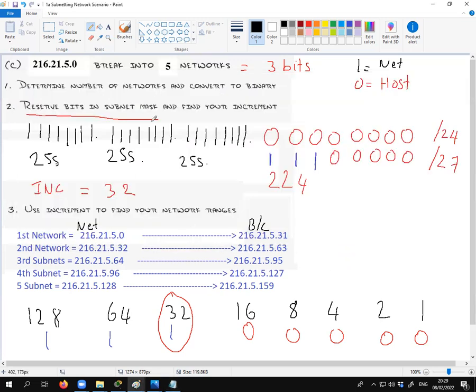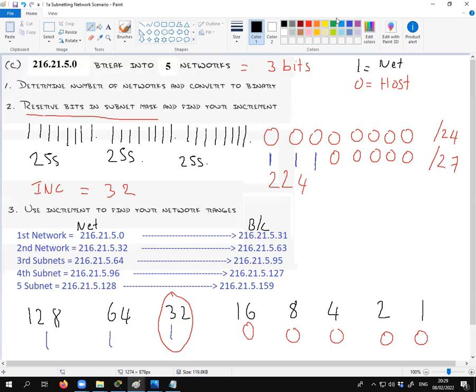There's another way, a formula: when you have the subnet mask, you can work out how many subnets and how many addresses. How many bits did we borrow to make subnets? 3 bits.